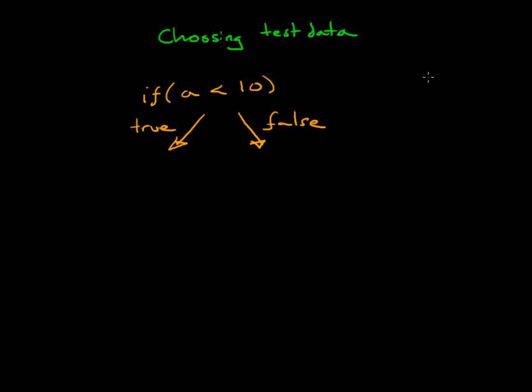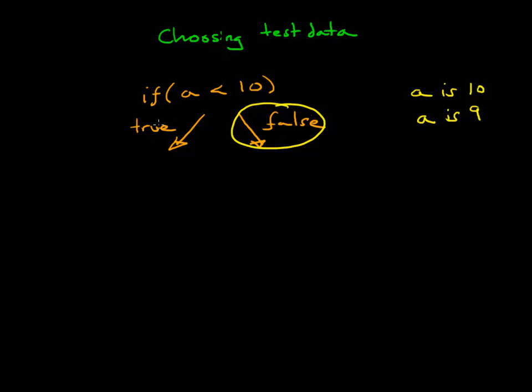So in this case, the test data we would be likely to use would be that A is 10, because that's checking that A is 10 or more, which will come down this line here. And we're also going to check to see if A is 9, and that's the false one.